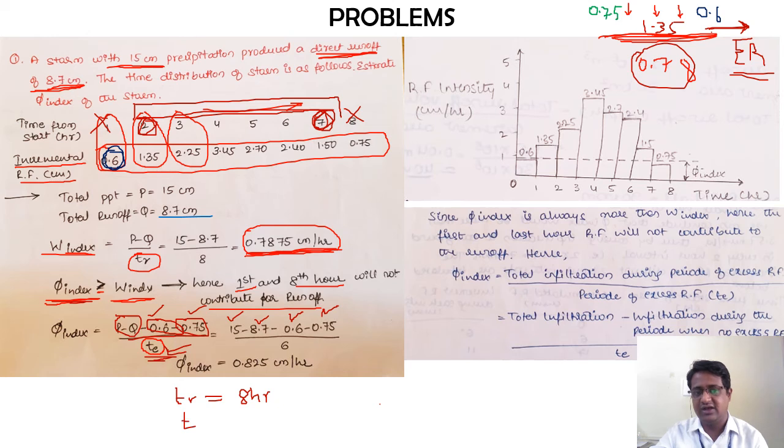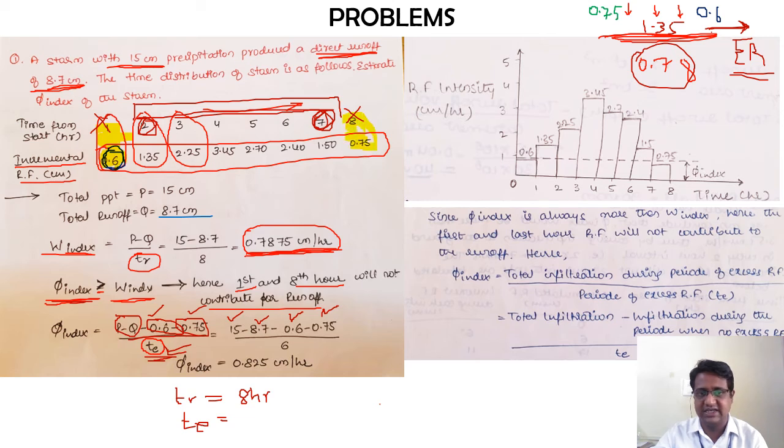Now this TE, the duration of excess rainfall, means what? Here we have two durations at which we don't have the runoff, that is the 1st hour and the 8th hour.